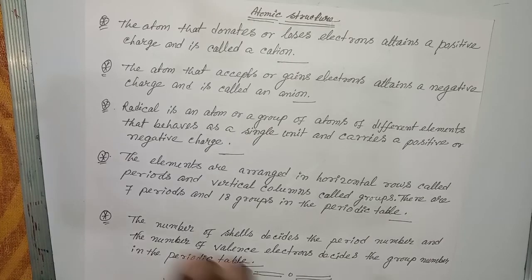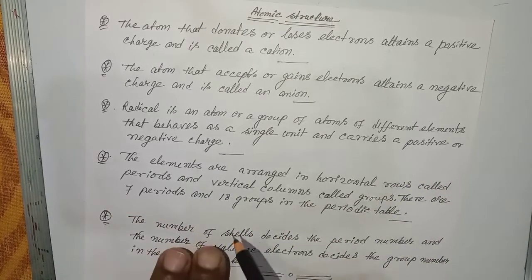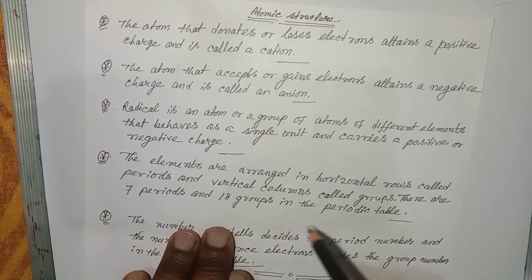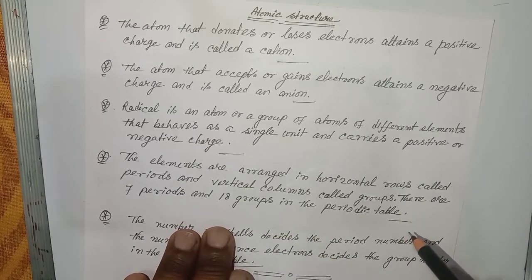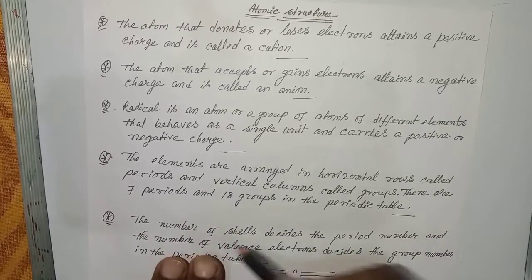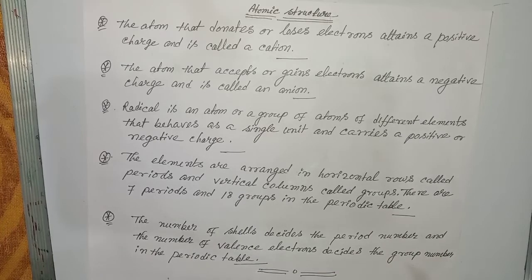There are 7 periods and 18 groups in the periodic table. The number of shells decides the period number and the number of valence electrons decides the group number in the periodic table.